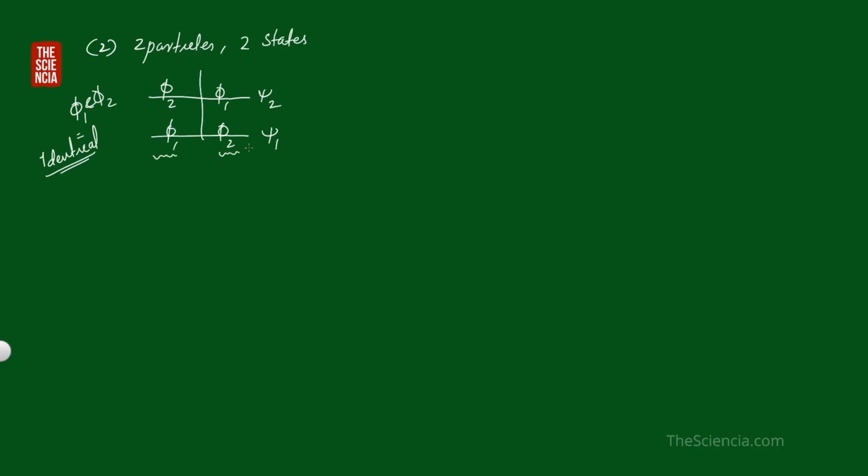So you can write the symmetric wave function. Psi 1 is the first state, and in this state there is a particle, particle 1. So I am calling it psi 1 of 1, that is the space part wave function of this particle.